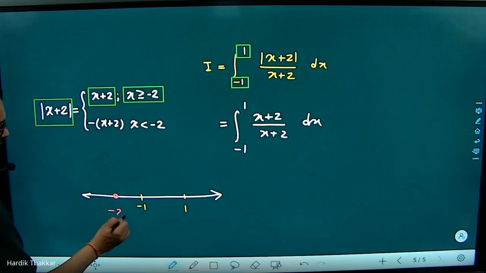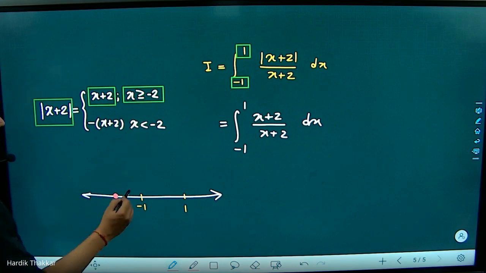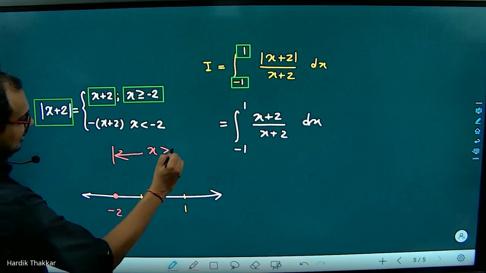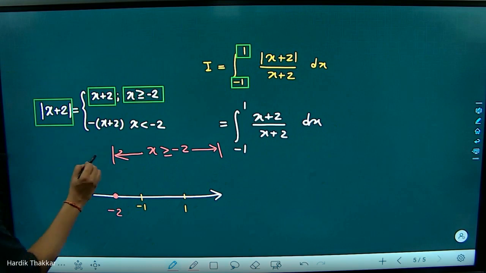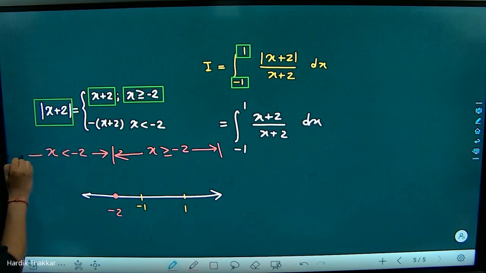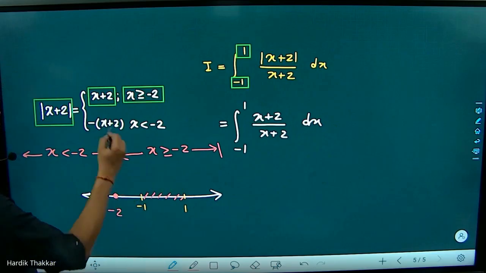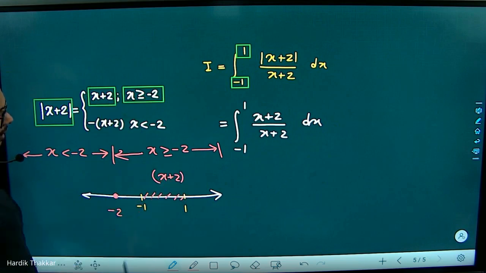So after minus 2, it means when x is greater than minus 2. Actually this complete interval is when x is greater than or equal to minus 2, and this part is when x is less than minus 2, correct? Yes, sir. So the complete limit falls on this interval. That's why we have taken the upper value, that is x plus 2. Correct?